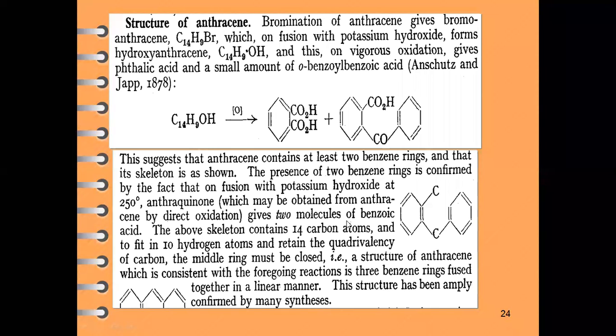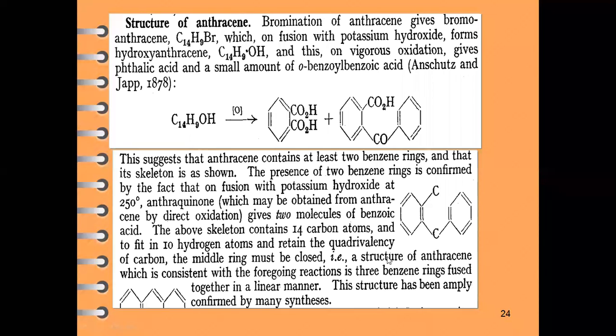So depending upon all these data, we have concluded that anthracene contains a structure of three benzene rings, from halogenation, from oxidation, from hydroxylation.